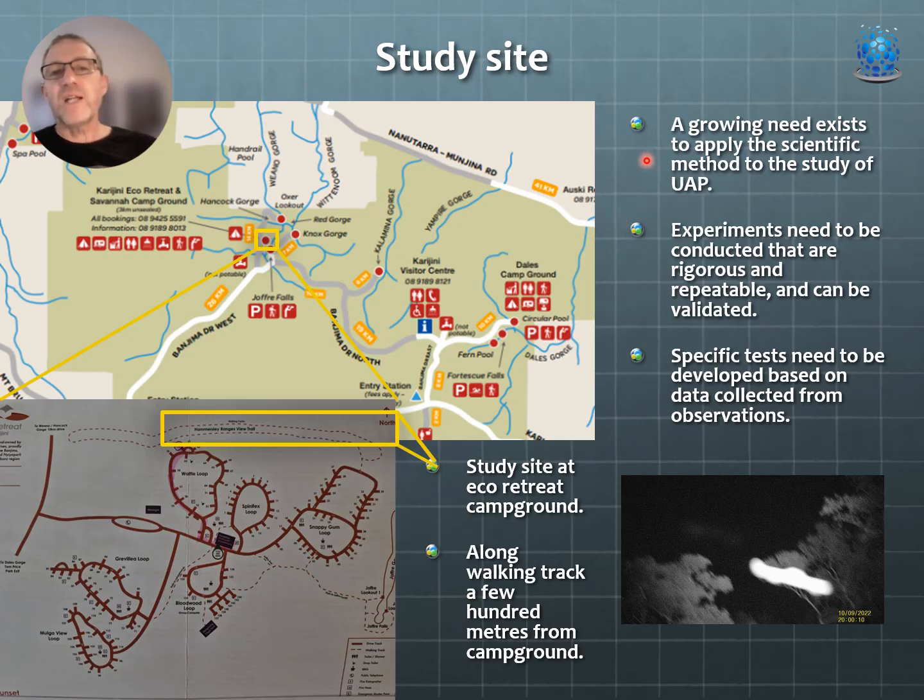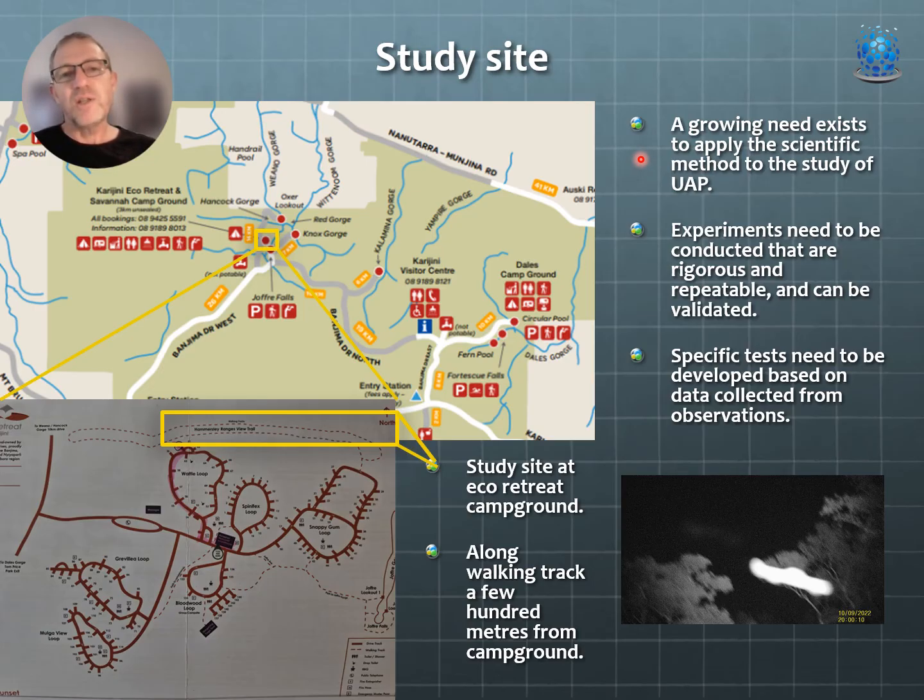Now I just want to point out here there's a growing need to apply the scientific method to the study of UAP, which is what we are doing, and that's quite evident with people becoming interested in the program or UAP research now and filming lots of things, but there's really no rigor to it.